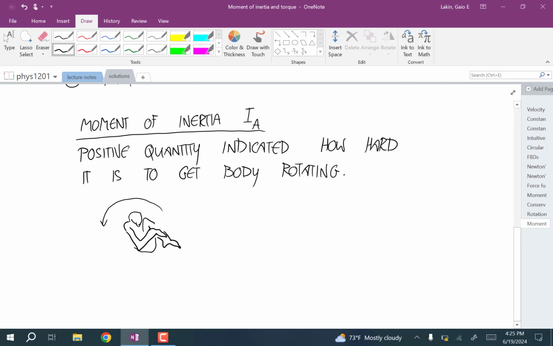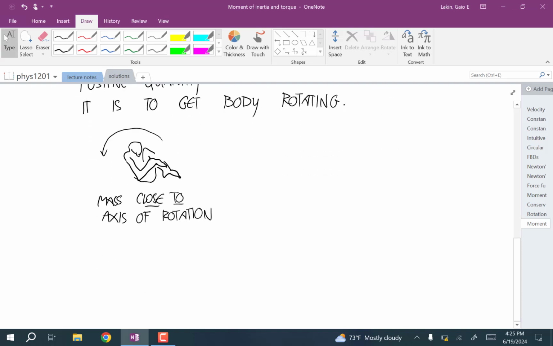In that case, you have your mass close to the axis of rotation. And that means that the moment of inertia of the body is low.